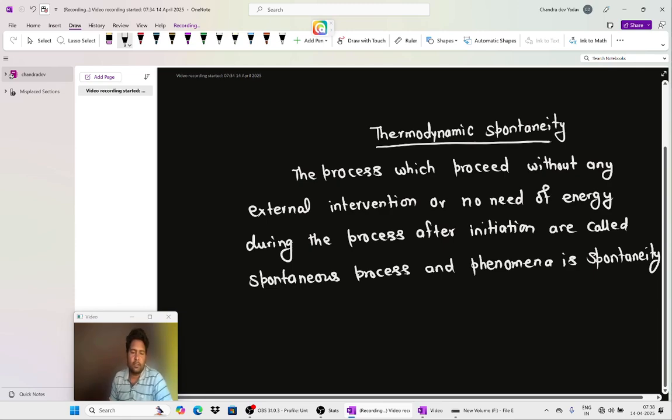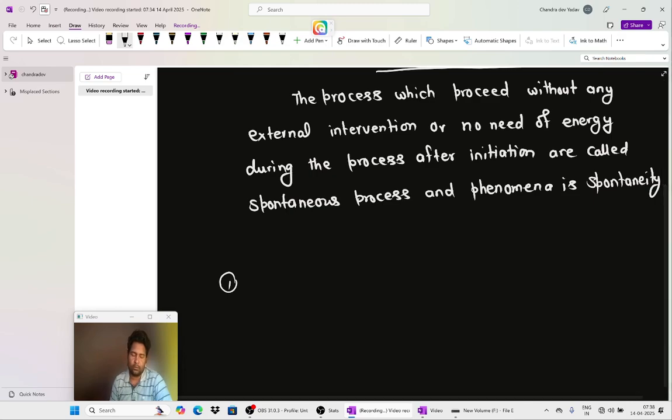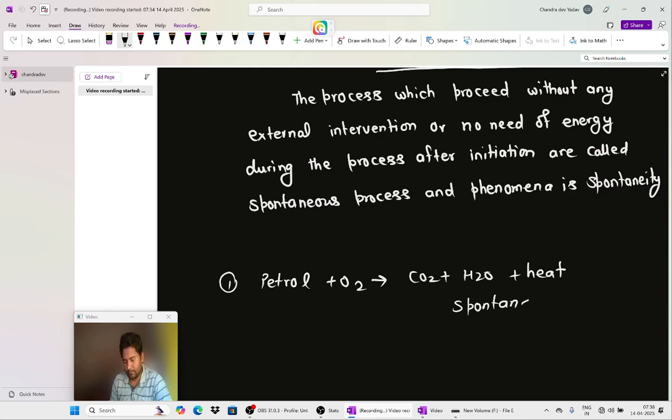So we will discuss process spontaneity by example. First is combustion of fuels like petrol. It produces carbon dioxide, water, and heat. This is a spontaneous process. Why is it spontaneous?